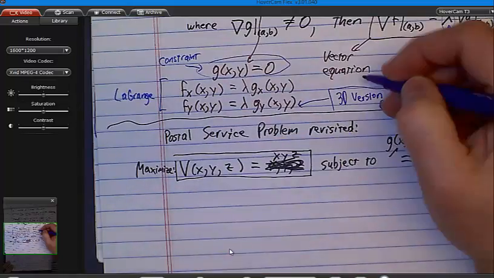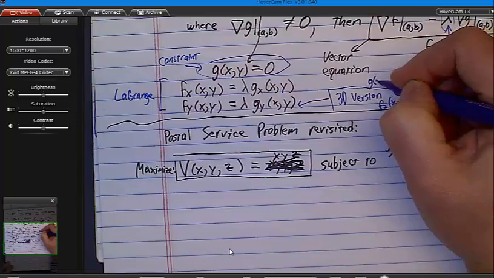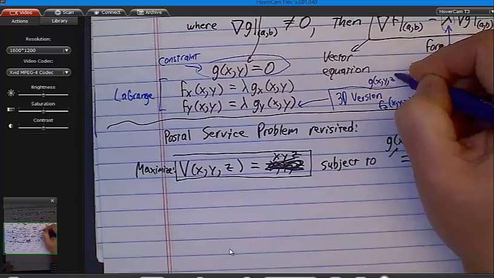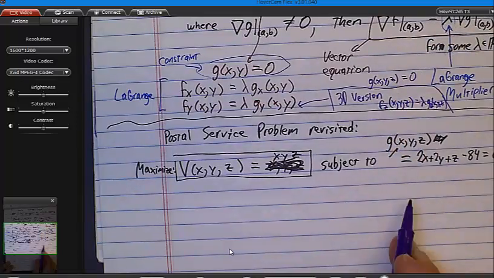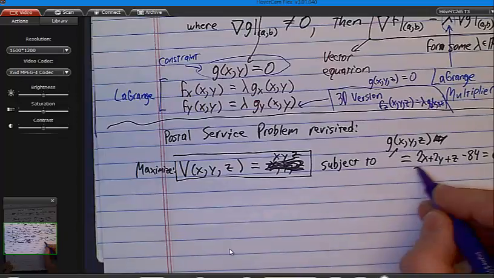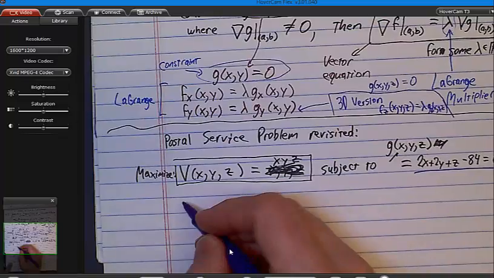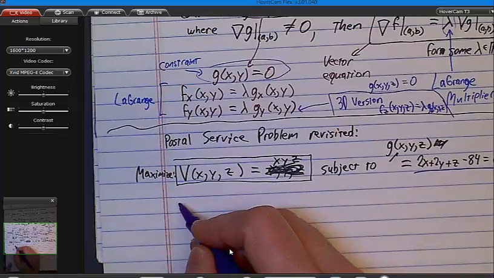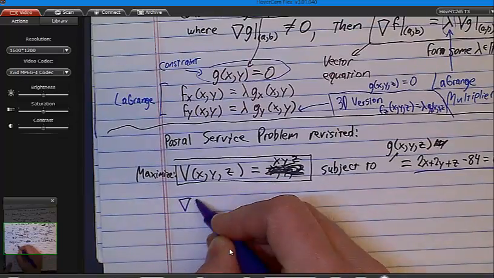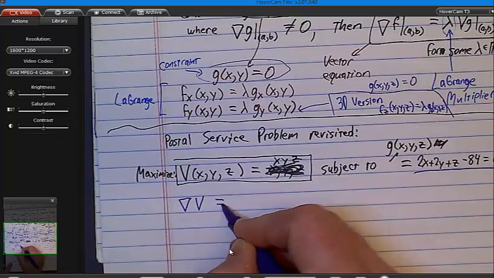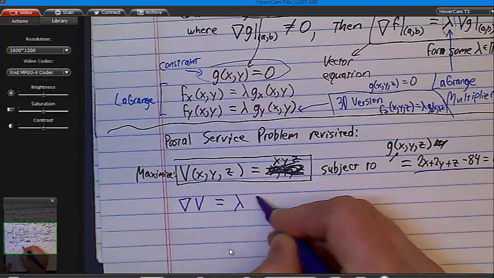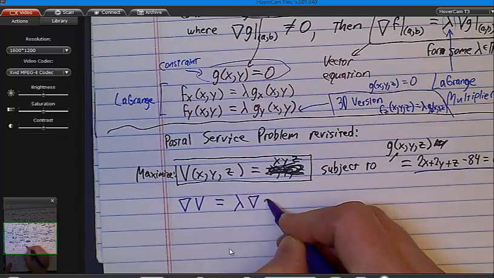For us, in the 3D version, the constraint is g of x, y, z is equal to 0. So one equation I have is sitting right here. But the other equation that I get is I need to take grad v and set it equal to lambda grad g.